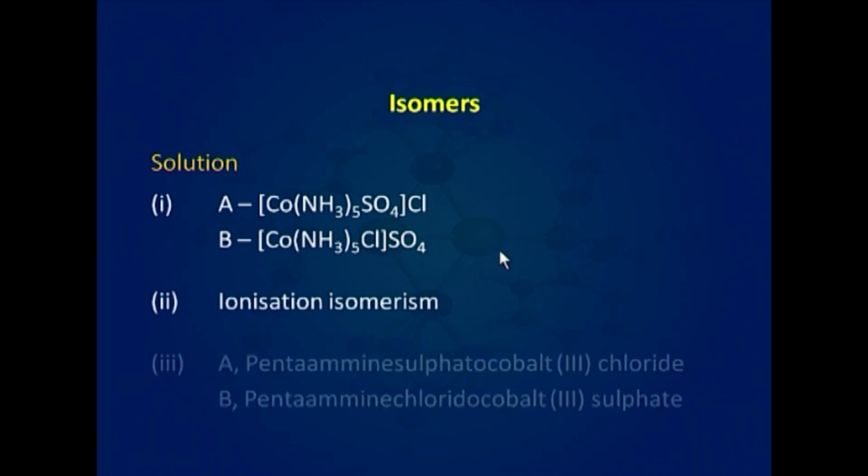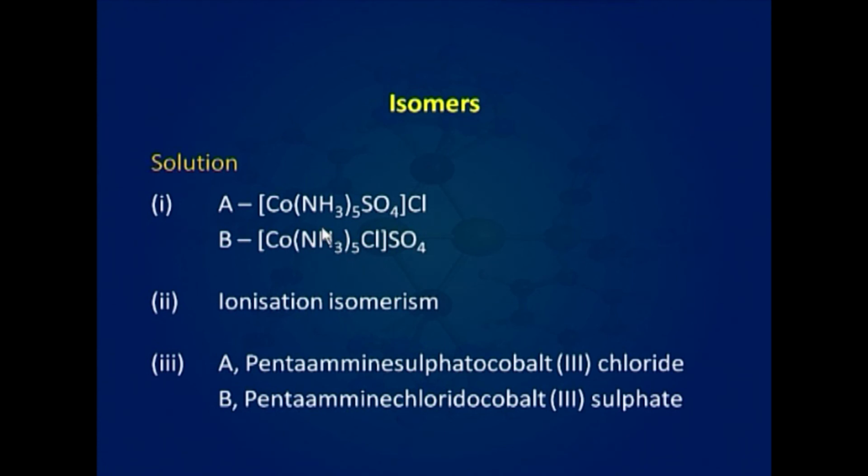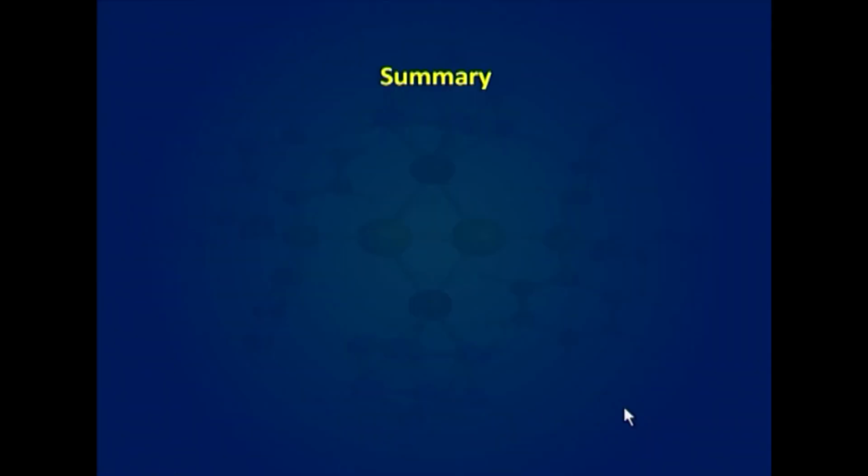Now, we will name these two isomers. Isomer A is named as pentaamminesulfatocobalt(III) chloride and isomer B will be named as pentaamminechloridocobalt(III) sulfate. And that's all about structural isomerism in coordination compounds. In the end of this lecture, let's revise what we have discussed today.